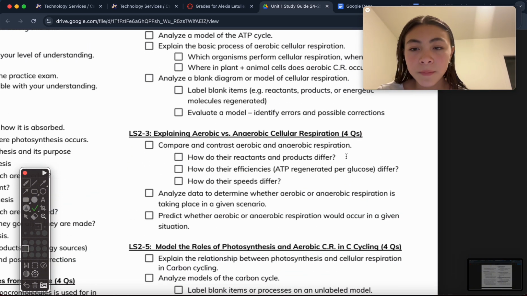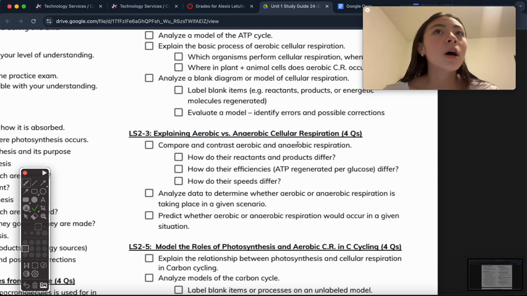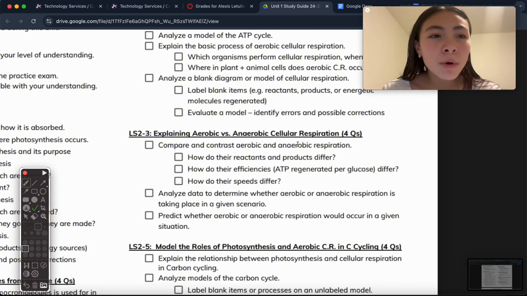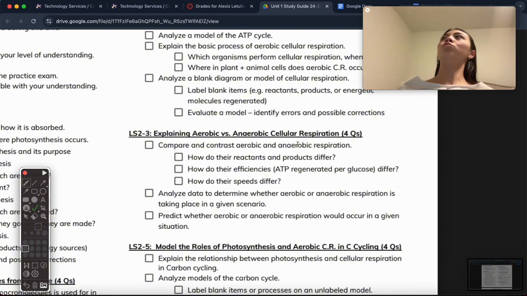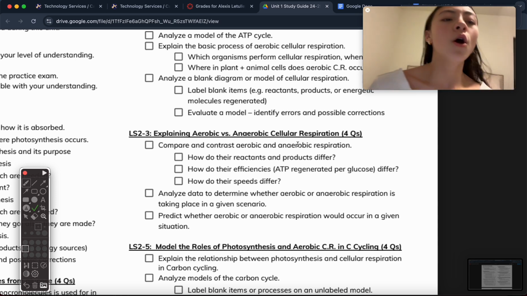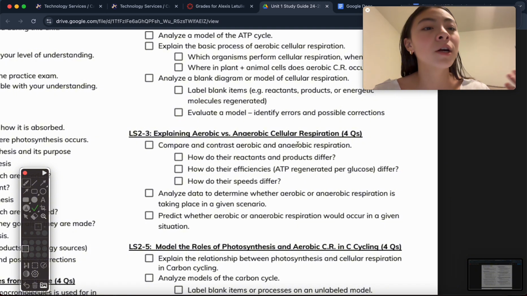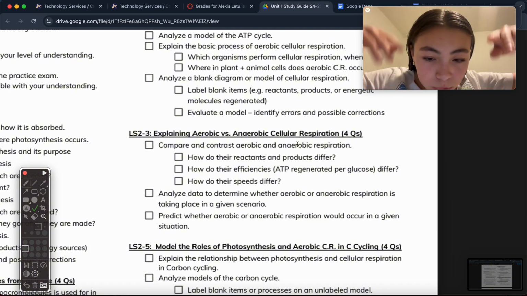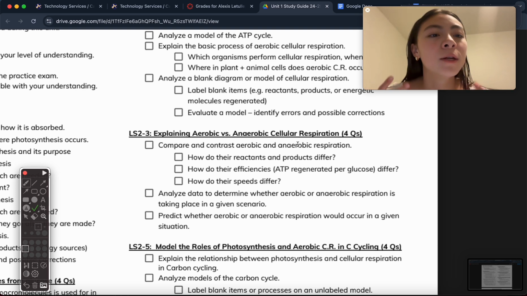Okay, we're almost there. Explaining aerobic versus anaerobic cellular respiration. Aerobic needs oxygen, anaerobic doesn't need oxygen. Plants do anaerobic, and so do we. We all do it. Imagine when you're swimming. You do need oxygen. It's a very aerobic sport, so you breathe. But let's say you're sprinting, so you only have one breath when you're diving.